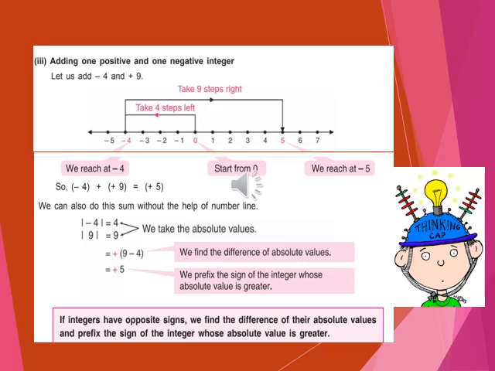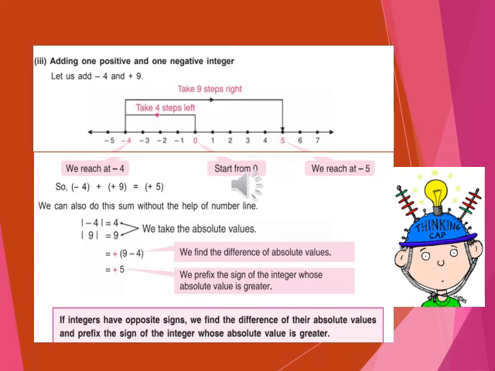We can do this without the help of the number line. So first find the absolute values. We are aware the absolute value is always positive. So minus 4, its absolute value is 4, and 9, its absolute value is 9. Now subtract 9 minus 4. We find the difference of the absolute values, and then prefix the sign of the integer whose absolute value is greater.